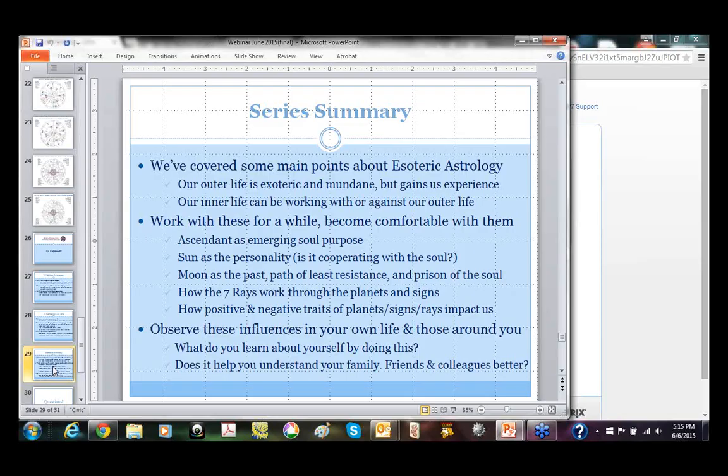And then we look at our inner life, our subjective life, and that too is very important. Many times the outer life impacts the inner life. So we have to become comfortable with the soul purpose, the ascendant, and our sun as our personality, because if we can work with our ascendant and our soul purpose, we're going to be able to shine more as the sun self that we are.